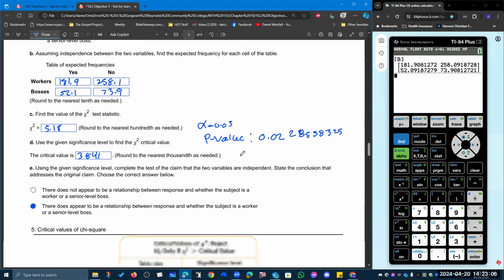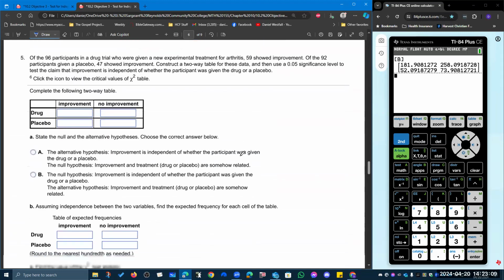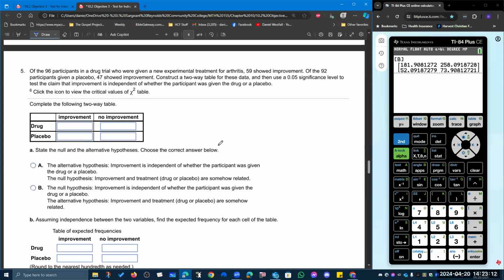All right. Now we're going to have to construct the table for the observed values ourselves, given what they tell us here. So they tell us that there's a total in this row of 96, and there's a total in this row of 92. And they told us that of these 96 here, 59 showed improvement, and of these 92, 47 showed improvement.